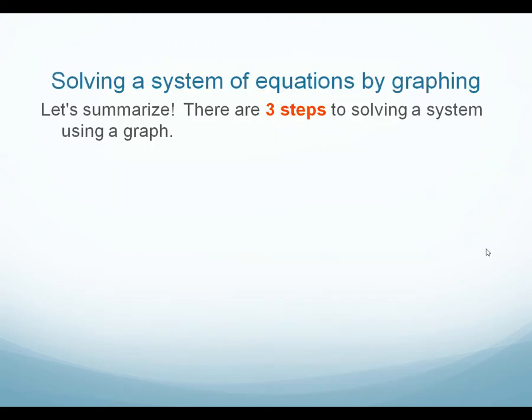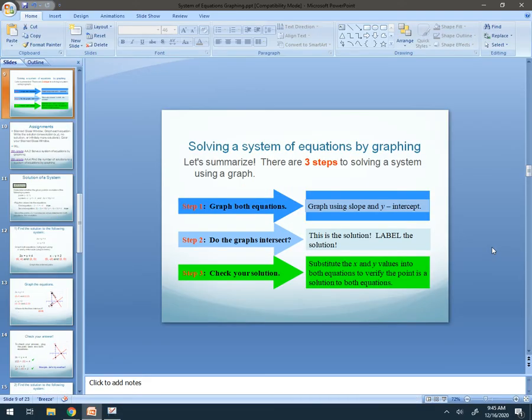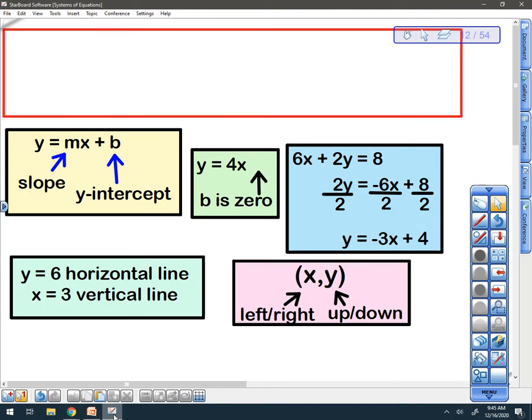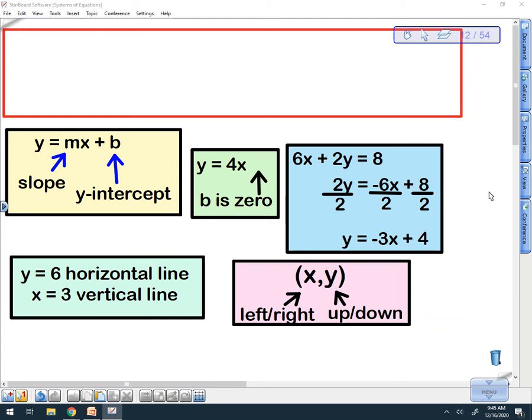All right, so let's take a look at some little shortcuts, some reminders when it comes to graphing lines. You might want to write these down so you've got this little reminder. Remember, when you get an equation, y equals mx plus b, the number in front of the x is your slope, so it's going to tell us how to move.